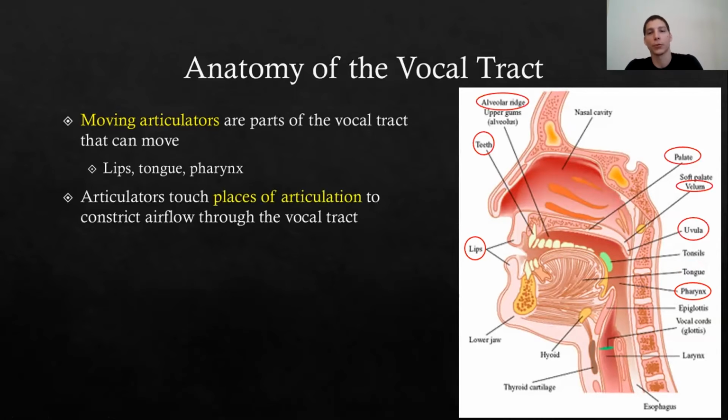The next important part are places of articulation that the moving articulators make contact with to constrict airflow as air passes through the vocal tract. Some examples of places of articulation would be the lips and teeth. The alveolar ridge is probably a bit more unfamiliar.